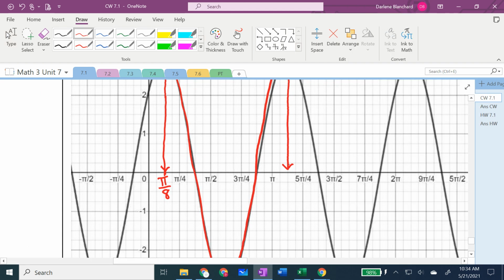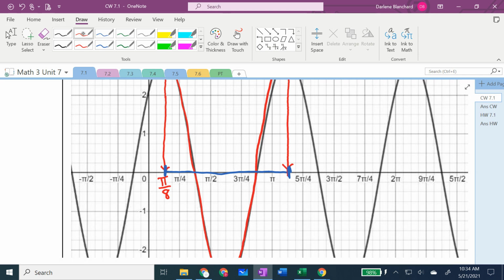There are different ways that you can choose to go about finding the period of the graph, because all you need to know is what is this distance? What is this distance? Does anyone see an easy way to do this?